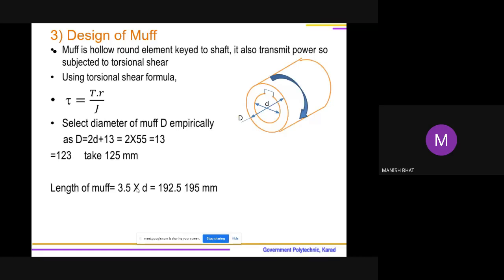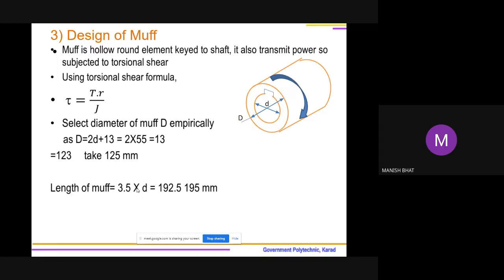So the outer diameter of the muff will be 125, and the inside diameter of the muff will be 55 millimeter. Length of the muff, by empirical relation, is 3.5 times the diameter. So actually it is coming out to be 192.5, but we will again select 195 so that we can select the key. So the length of the muff is taken as 195.